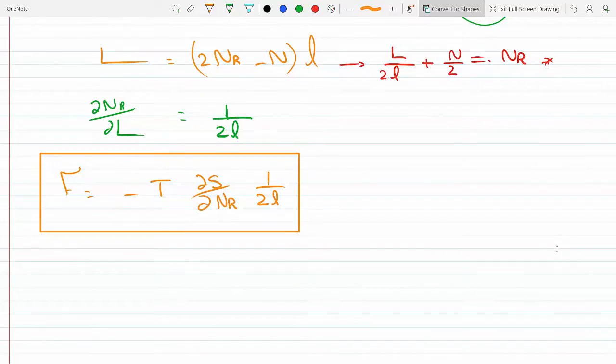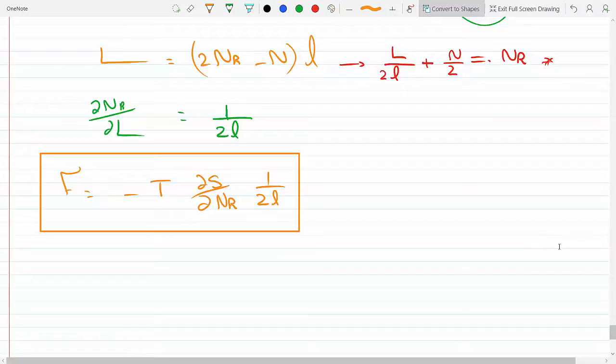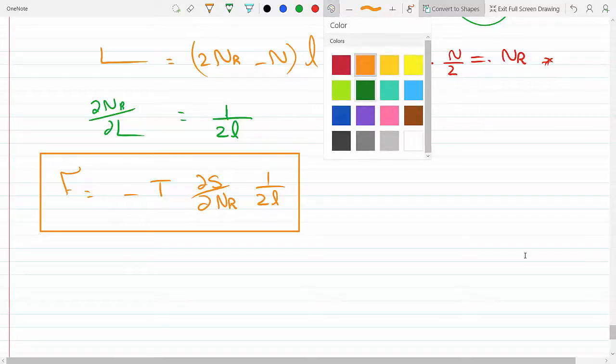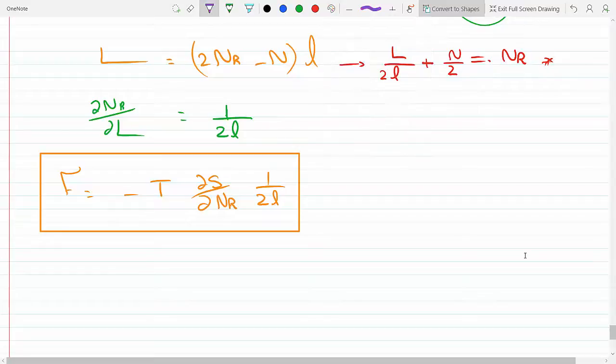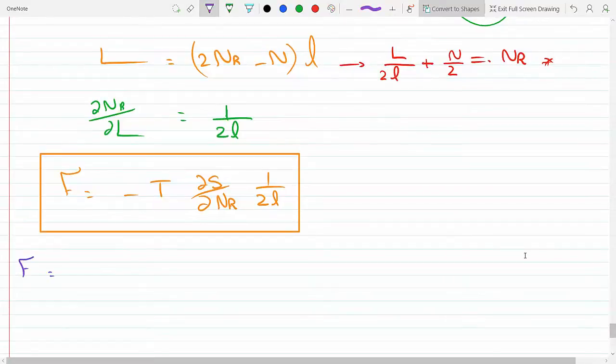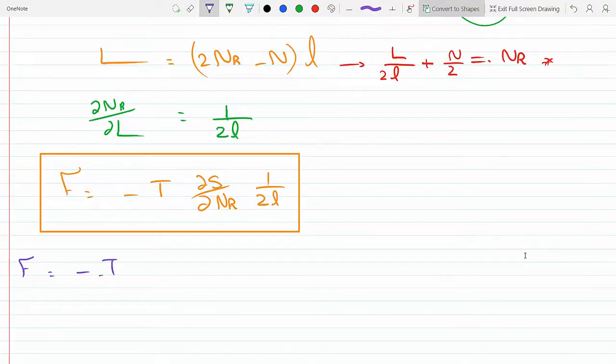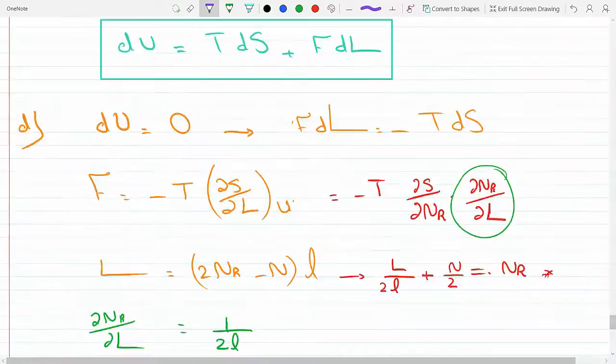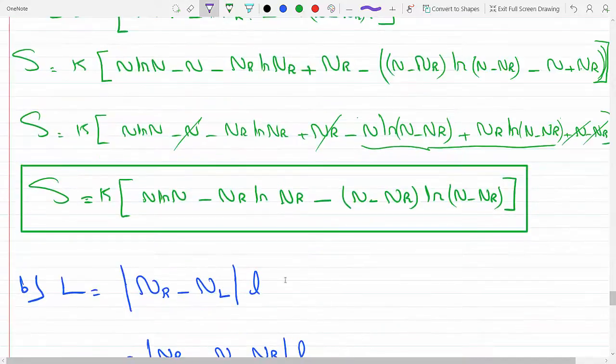So let me copy this here. So I will have my F equal to minus T over 2L d over d nr of the entire entropy, which I will put here, which is this green expression.